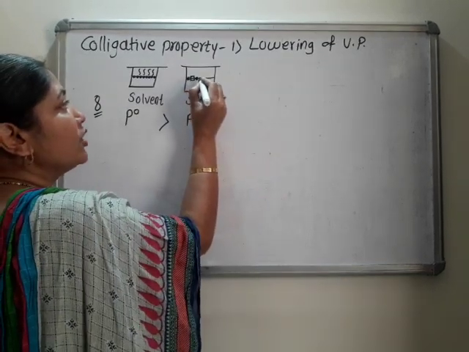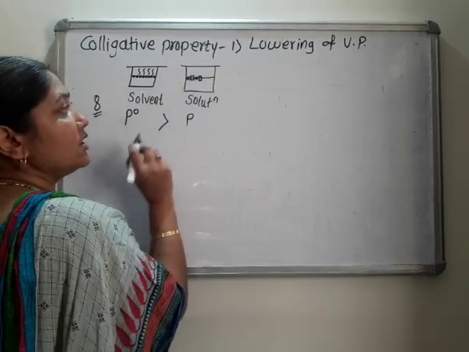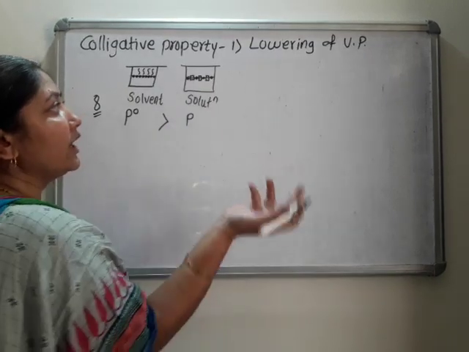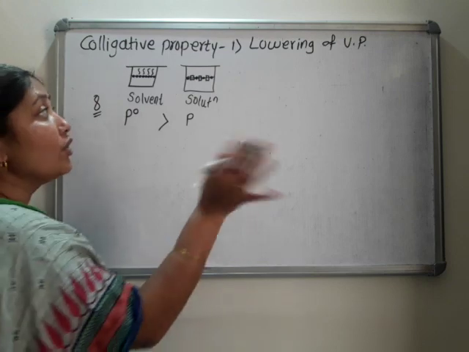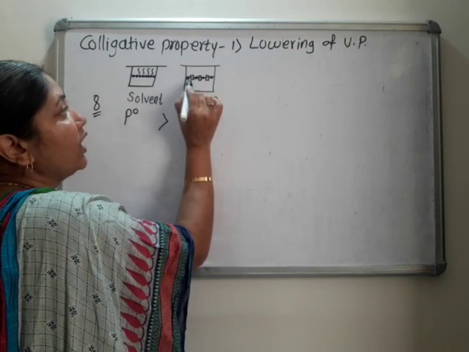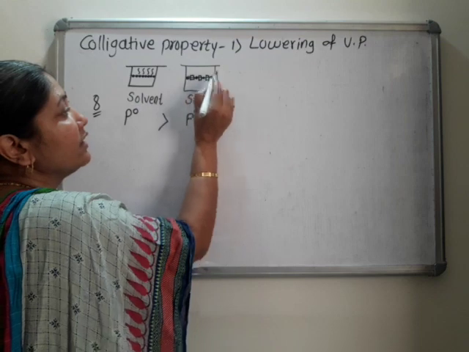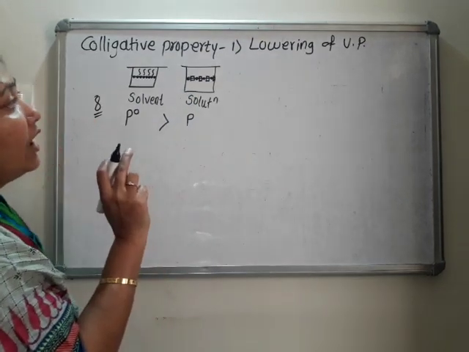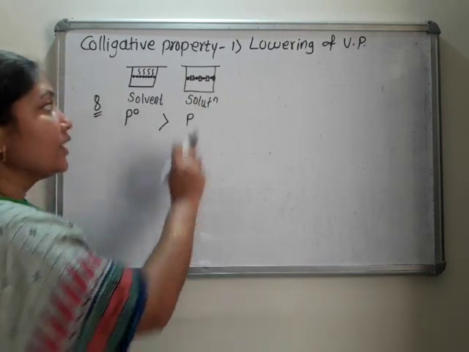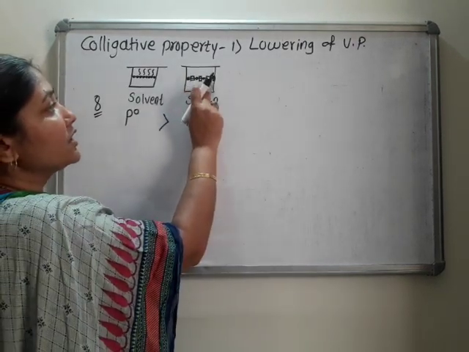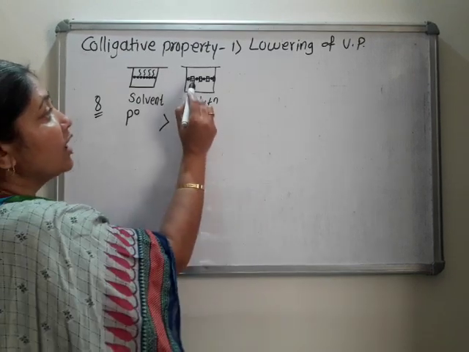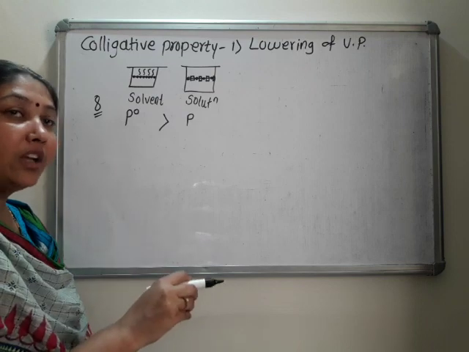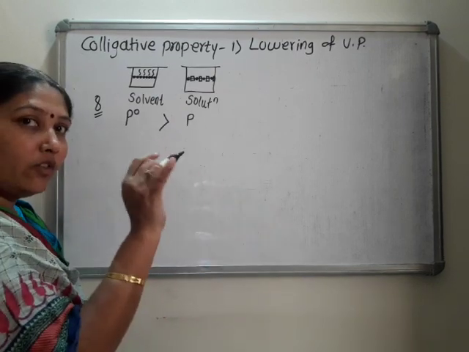Again this is solvent, this is solute, solvent, solute, and so on. Now there are 8 particles on the surface, but out of which 4 are solute particles and the remaining 4 are solvent particles.